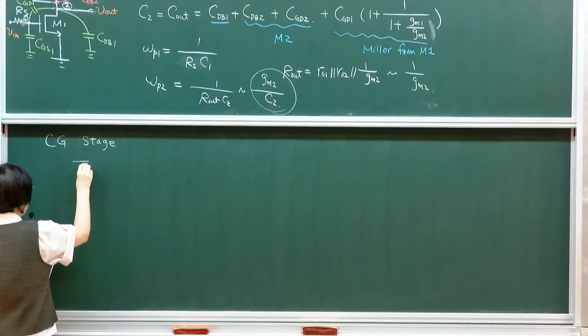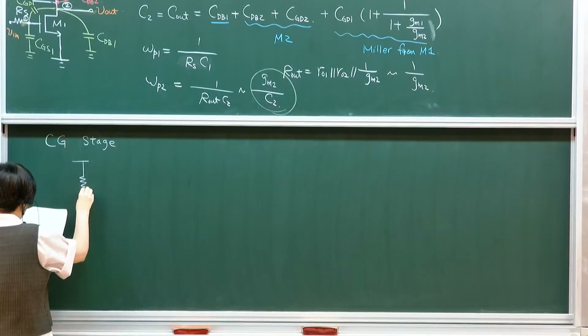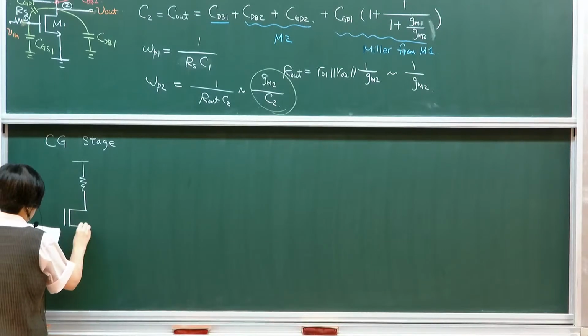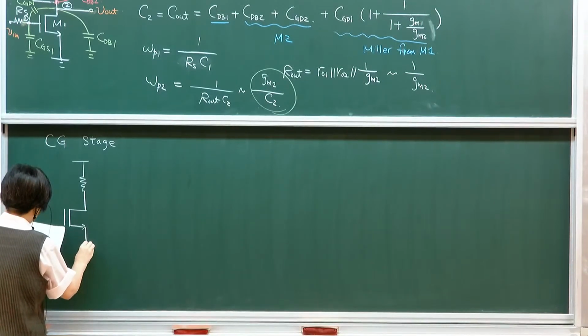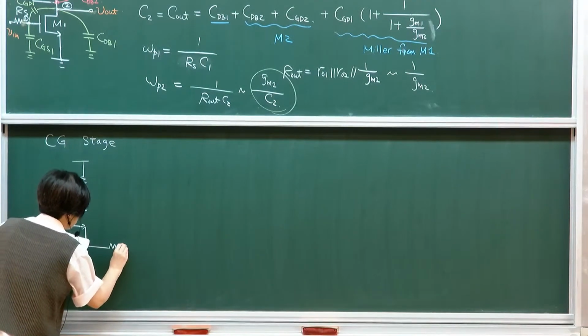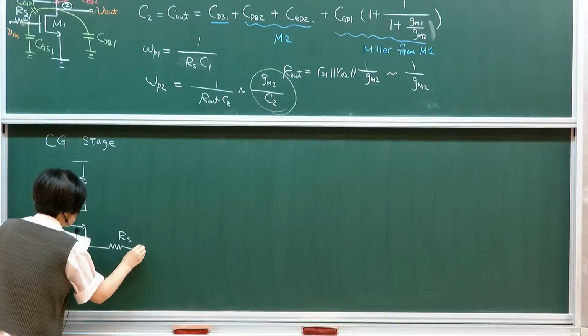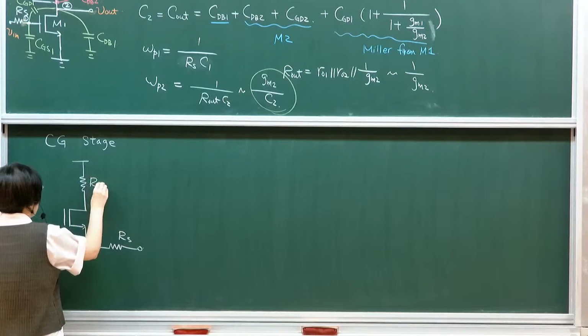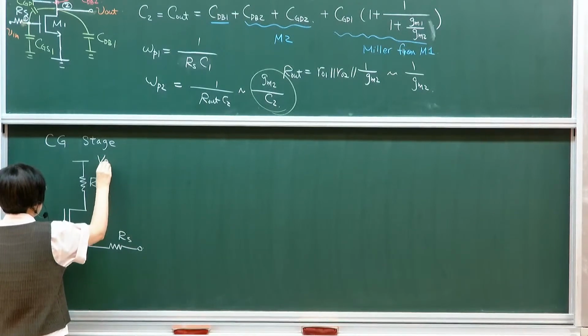I have a common gate stage. Remember something like this. Typically there's always a source resistance to set your input pole, and output resistance RD to set the output pole.